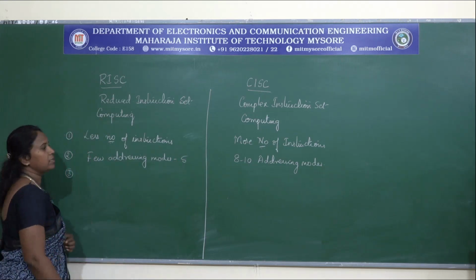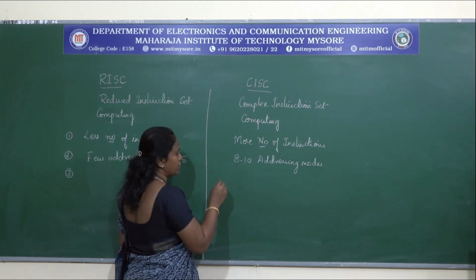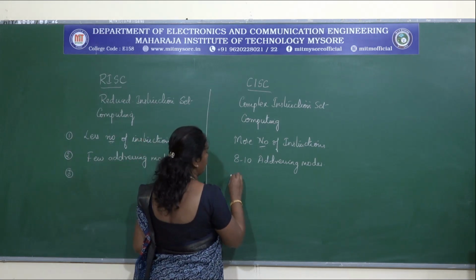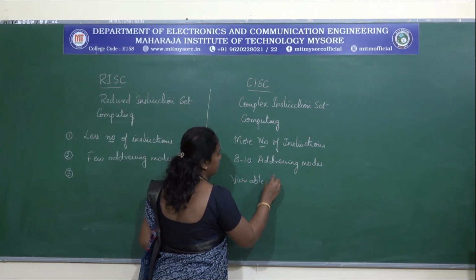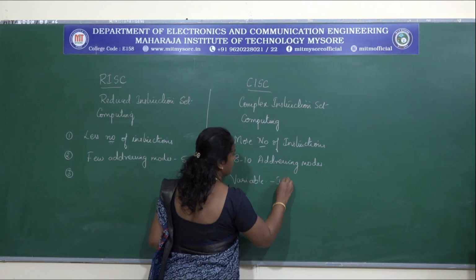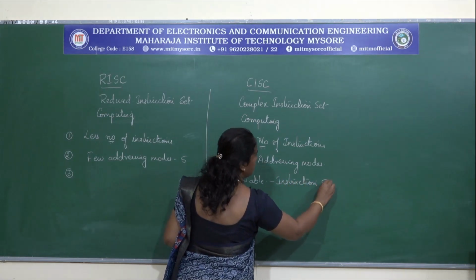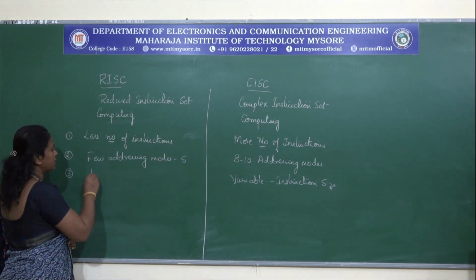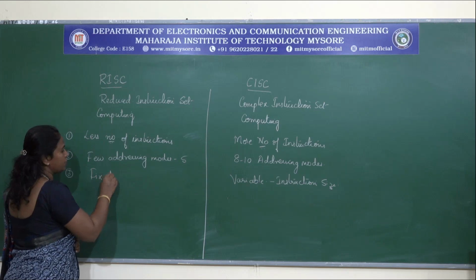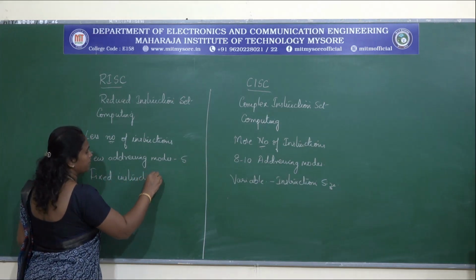Then the third is the size of the CISC instruction. It is variable instruction size, but in case of RISC it is fixed instruction size.